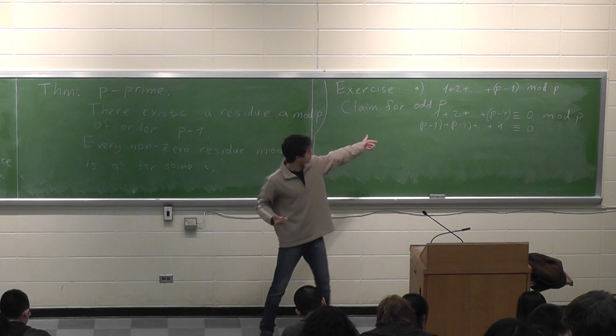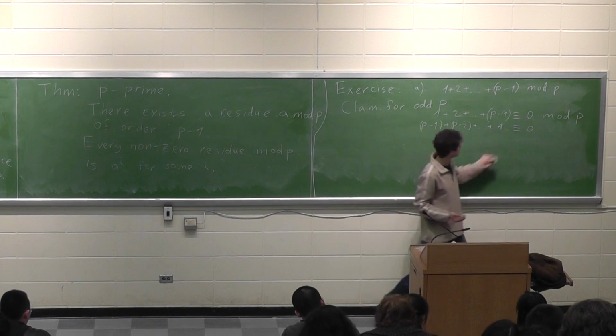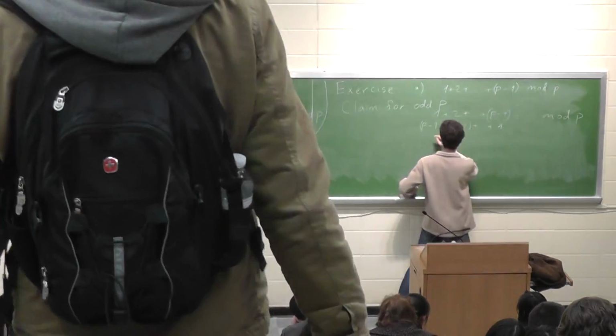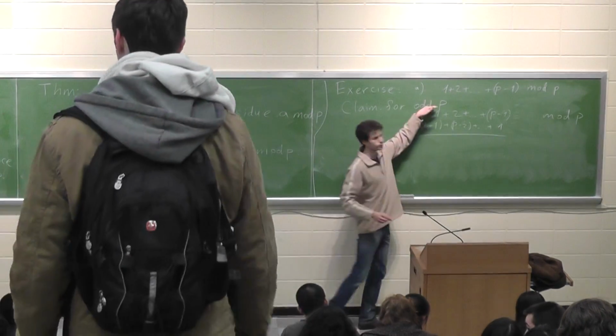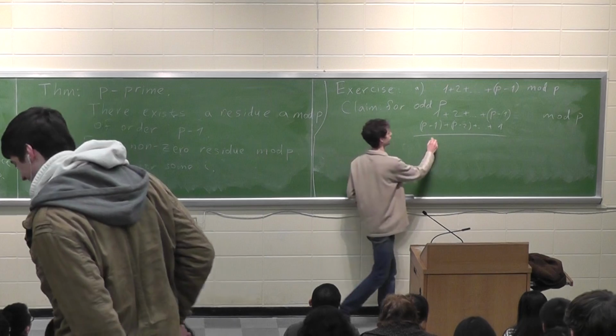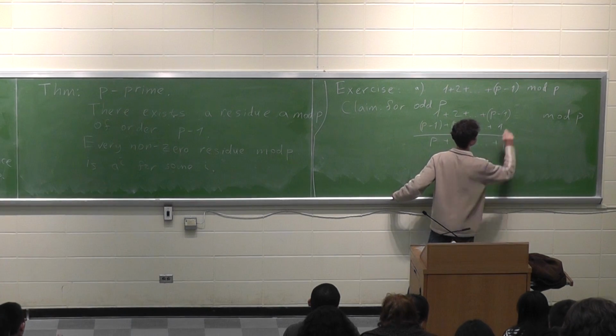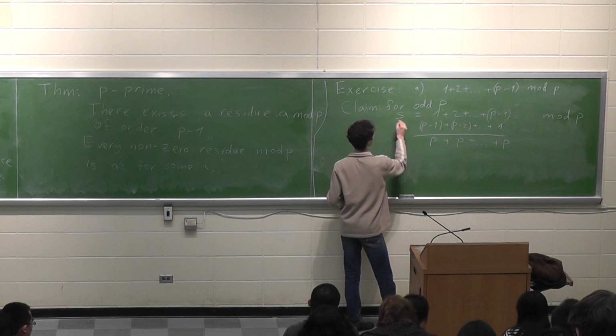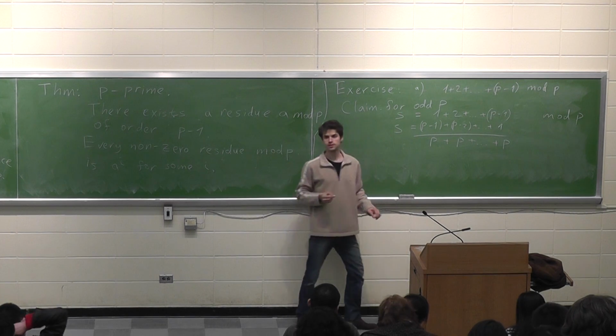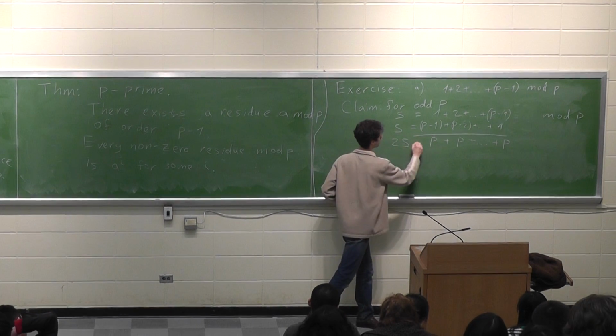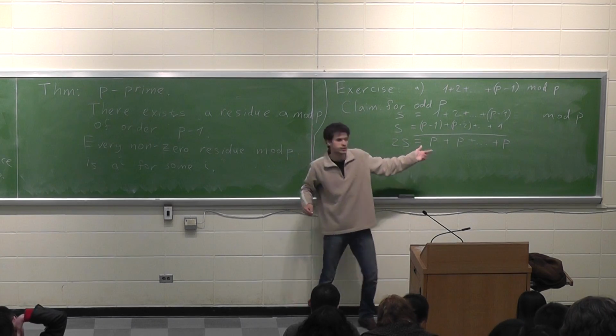So I can rewrite this and compute the sum. If I take twice this sum, I will get p plus and so on plus p. So if this sum is s, then twice s is obviously congruent to 0 modulo p.